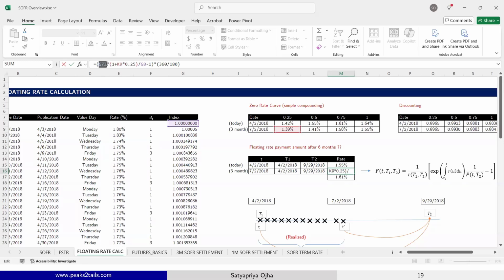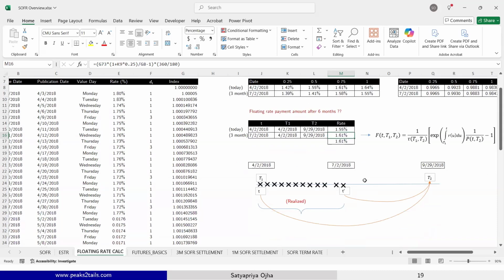G73 by G8 is whatever has been realized, and this is the unrealized. Compound everything together. This is the final compounding factor minus 1, annualized for 6 months. Now this is my new floating coupon interest rate. Every day you'll have an updated estimate of the floating coupon until you reach the final rate.